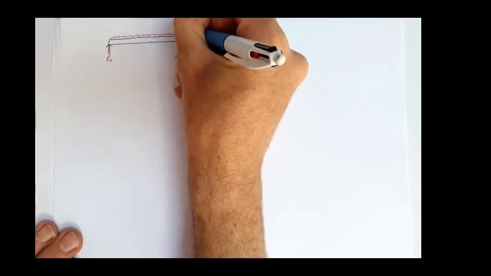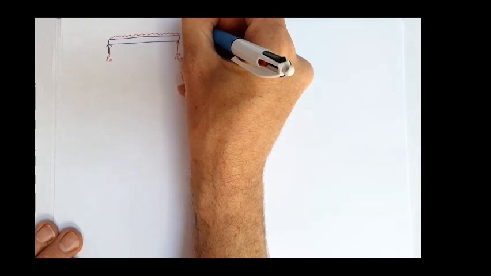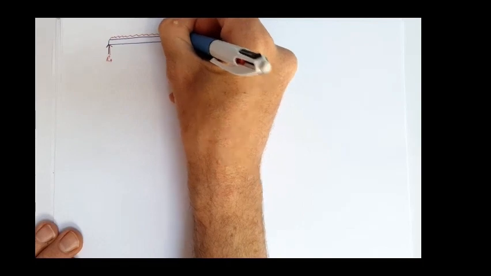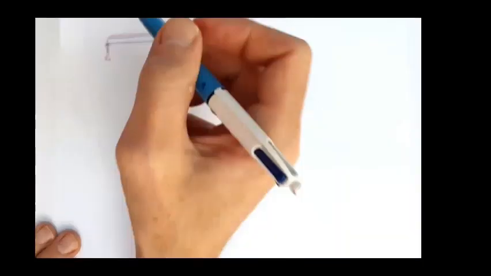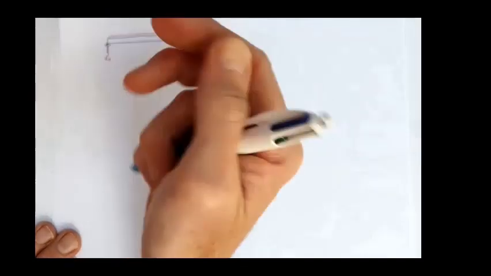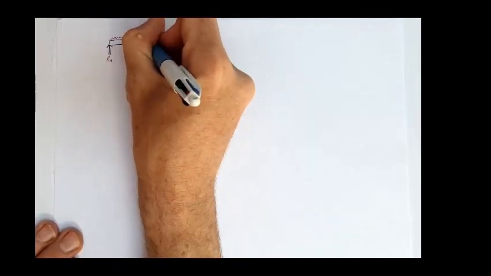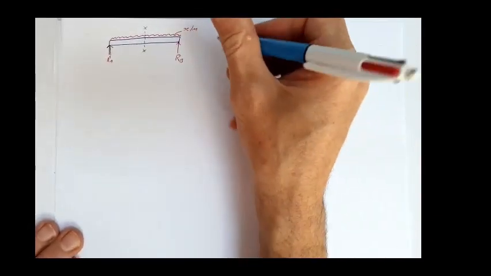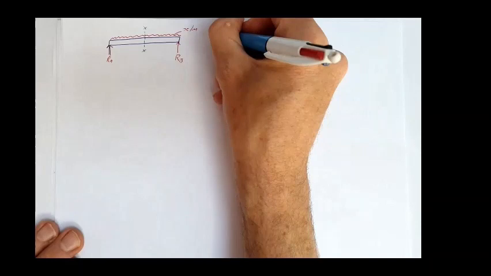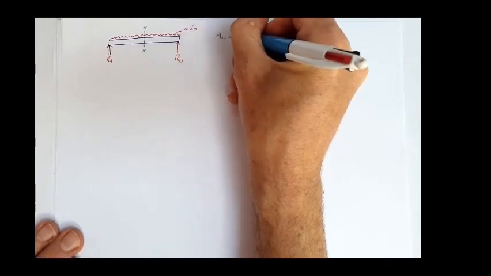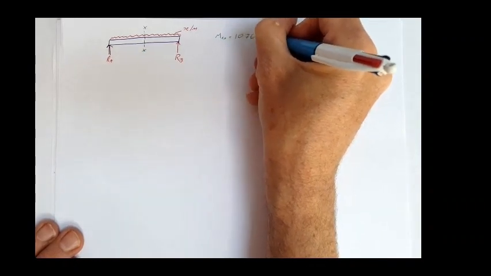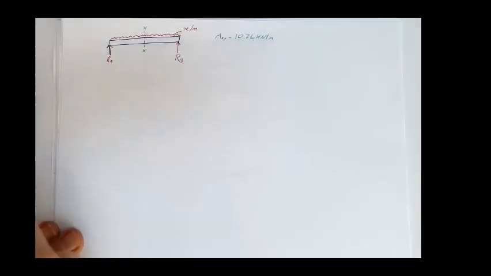Let's call that X newtons per meter. We want to calculate the limiting case, so we're going to need to consider the moment in the center of the beam, M XX, and we now know that moment needs to be limited to 10.76 kilonewton meters.